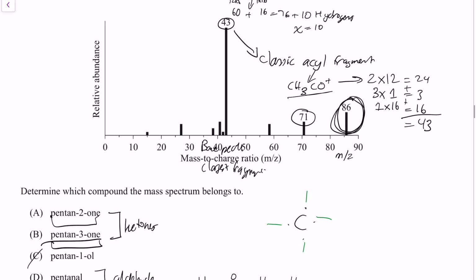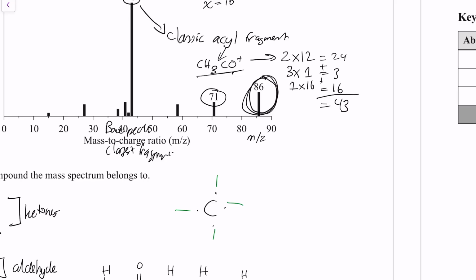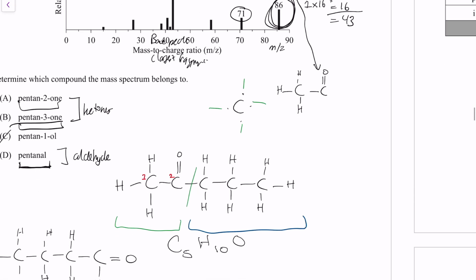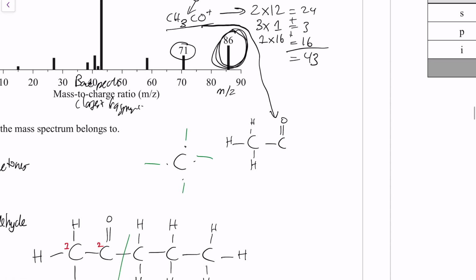So what really is CH3CO+? Well, if we draw it out, we have a carbon and 3 hydrogens, and we have another carbon, and then we have an oxygen, okay? Oxygen plus. And what does that mean? Well, it's essentially just referring to this part here, okay?